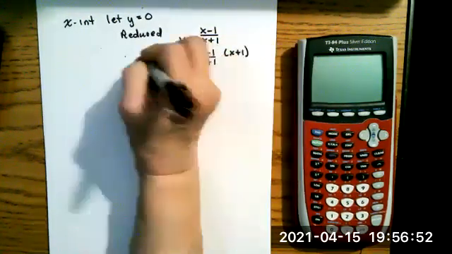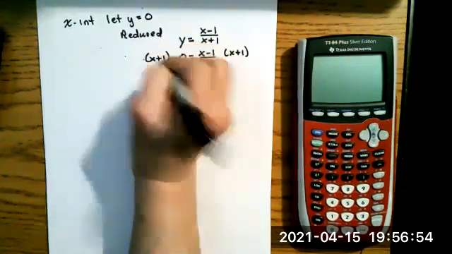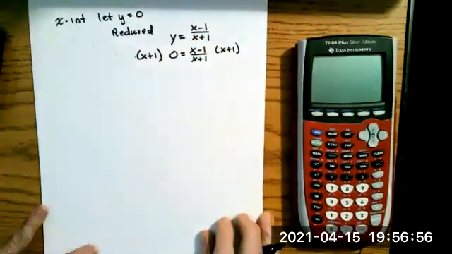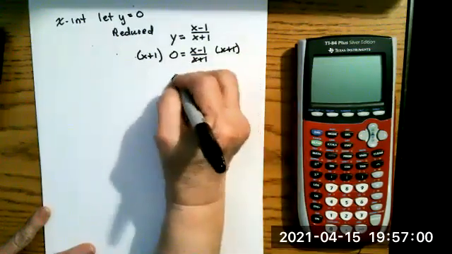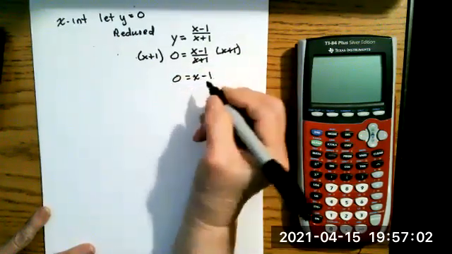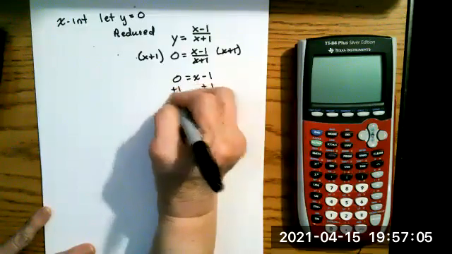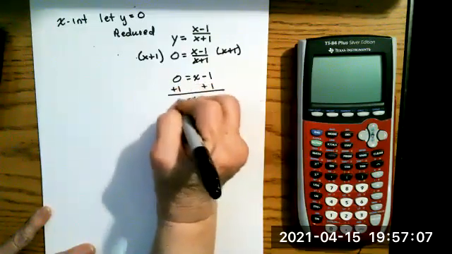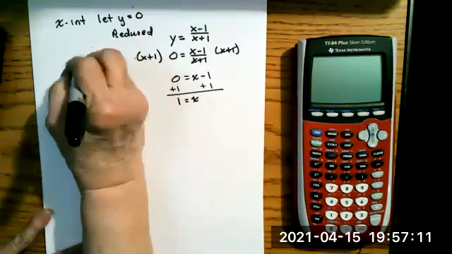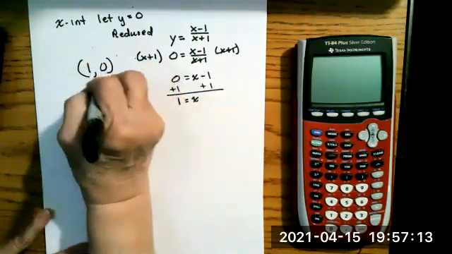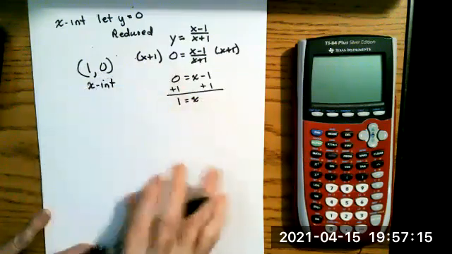Multiply both sides by x plus 1 because that x plus 1 is in the denominator. So we have 0 equals x minus 1. X equals 1. So 1 comma 0 is the x-intercept.